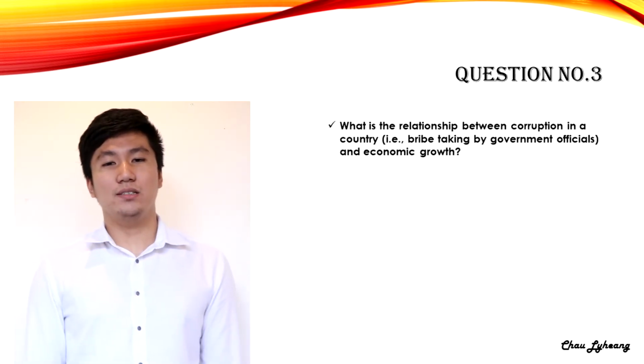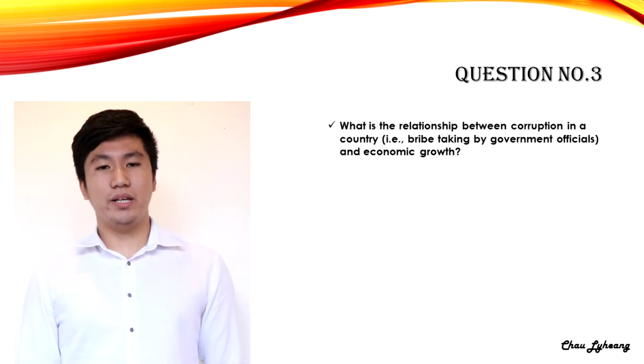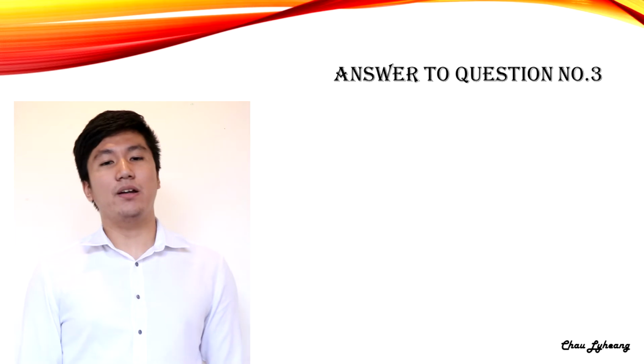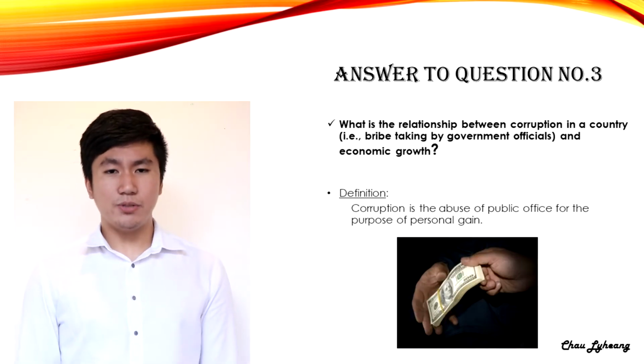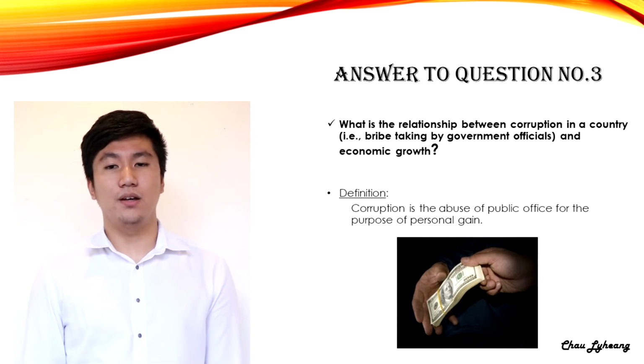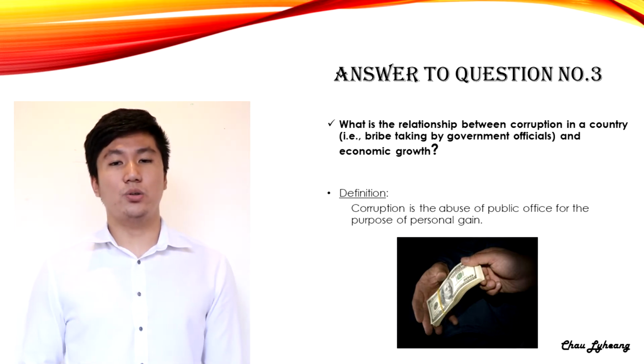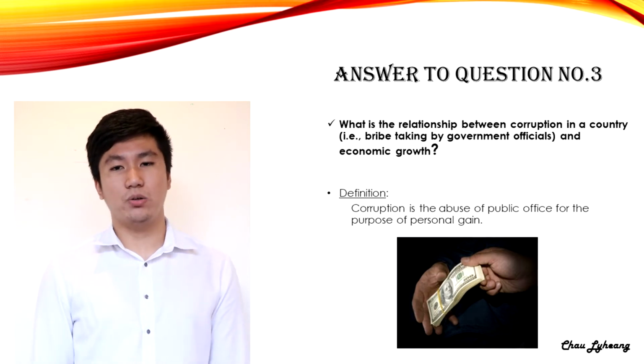Okay, now let me talk about question number 3. What is the relationship between corruption in a country and economic growth? Now let's talk about the definition of corruption. Corruption is usually defined as the abuse of public office for the purpose of personal gain. Corruption is commonly traced back as an economic crime.